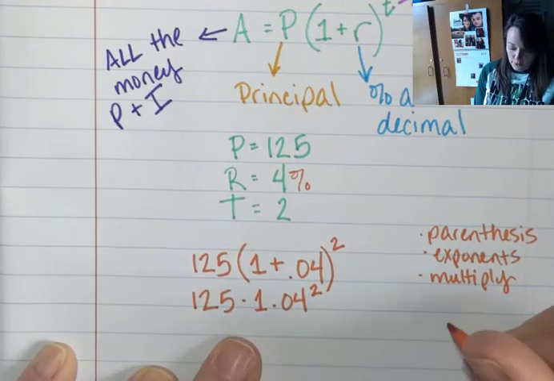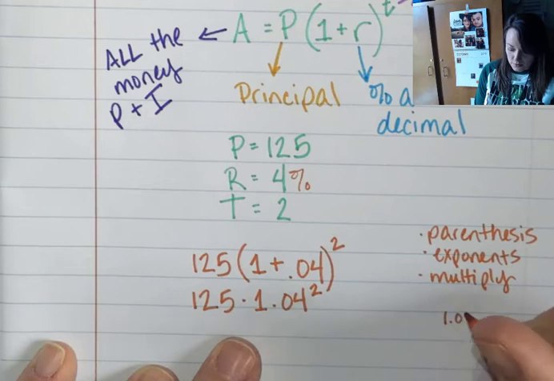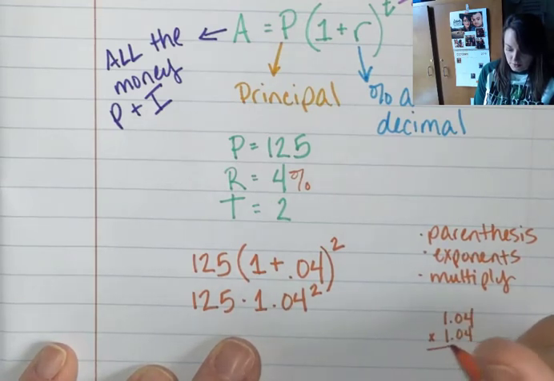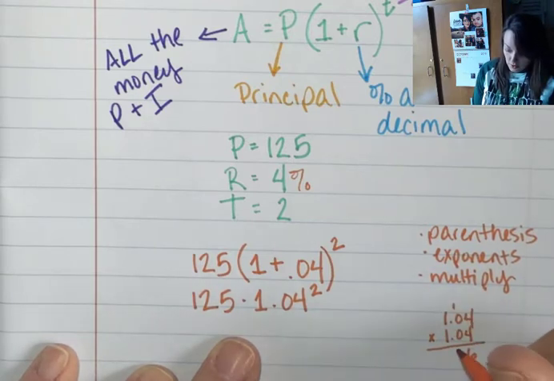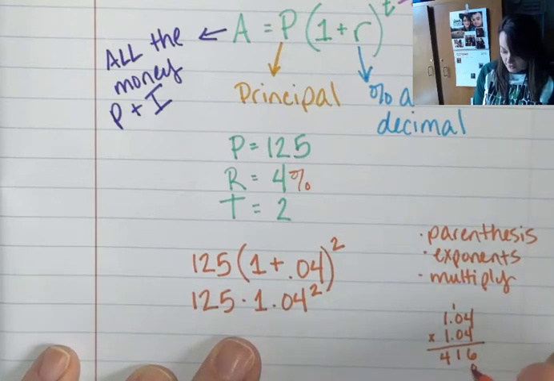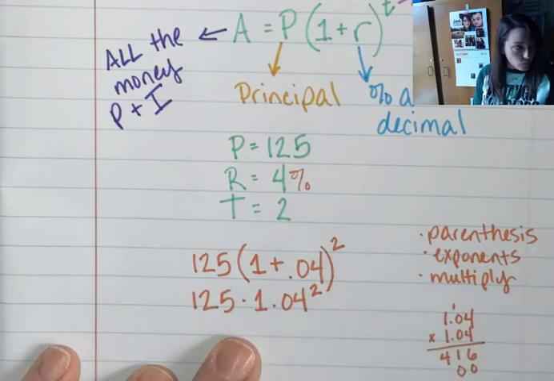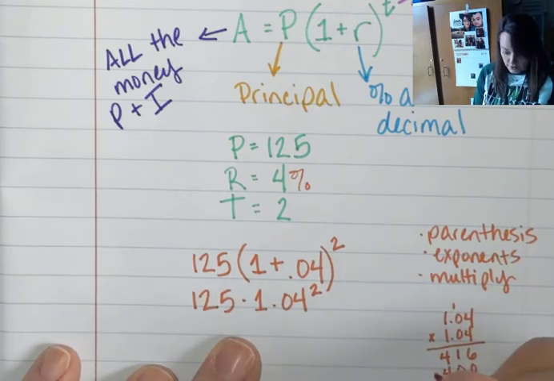Now I have to do 1.04 times 1.04. That's 416, then 0, 0, 0, 0. So I'm just gonna skip it and put 2 zeros here. Is that gonna freak anybody out? Because that line is just zeros. And then this would be 4, 0, 1.